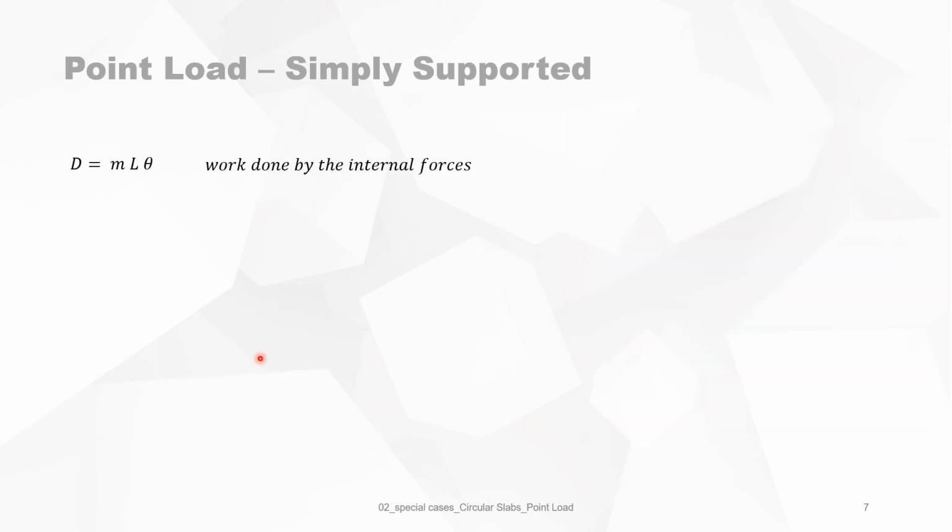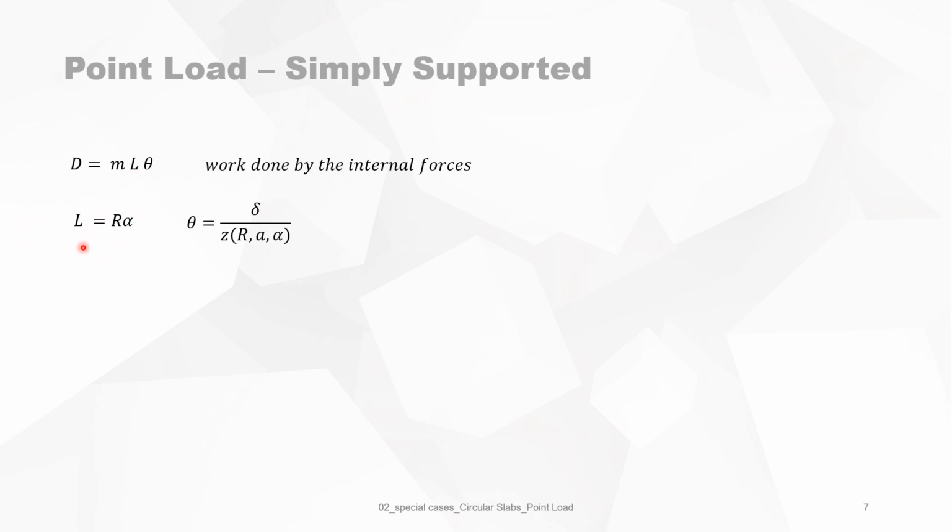To calculate the work done by the internal forces, we shall first look at the general formula, which is the plastic bending moment m multiplied by the projection of the yield line on the axis of rotation, multiplied by the angle of rotation. But in our case, the angle of rotation is not constant, so it's always varying, and the length l is also not constant.